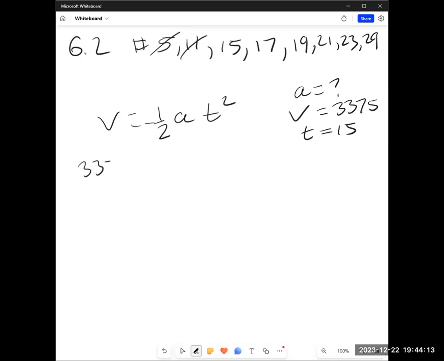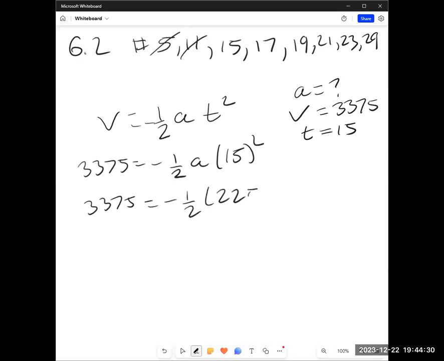So 3375 equals -1/2 a times 15 squared. 3375 is equal to -1/2 times 225 times a.